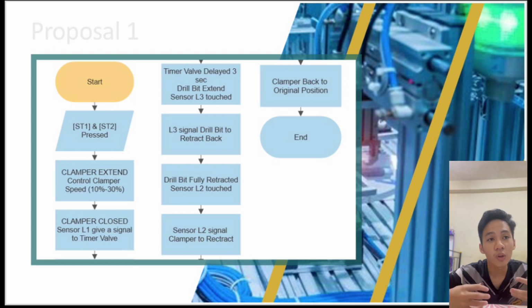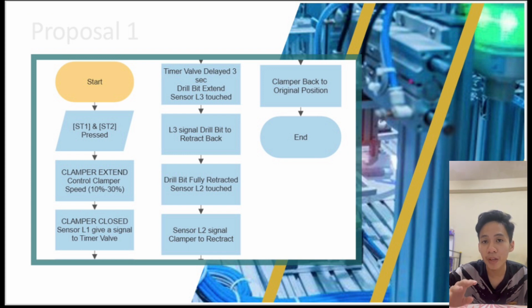So based on this rough understanding, we can see that we are using an N valve, and the clamper will extend with a speed control valve. After the clamper extends, the drill bit will extend too, but it needs to go through the timer delay valve.